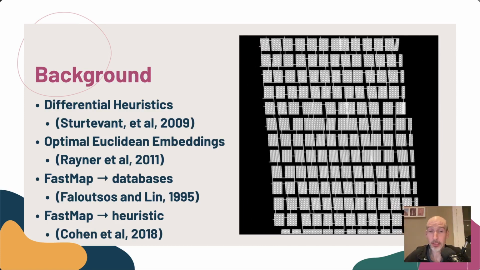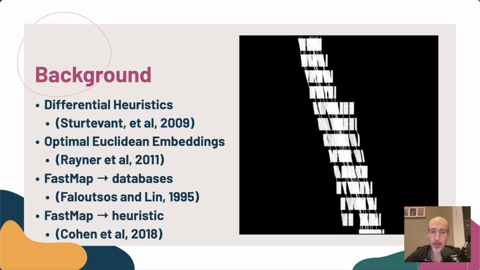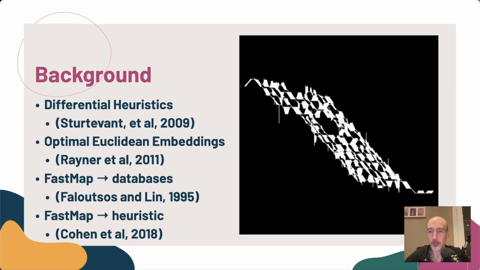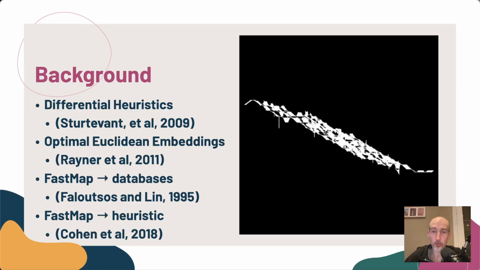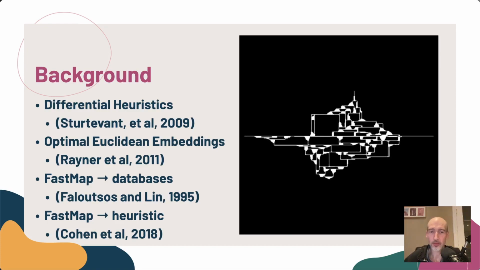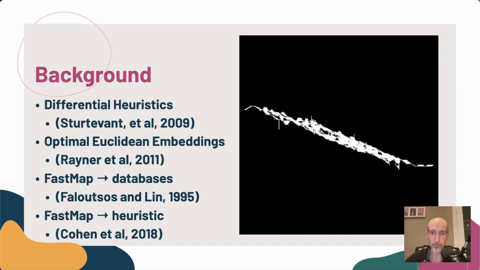Another approach that had been used in databases for building embeddings is called FastMap. And in 2018, there was an HCI paper that showed how this could be adapted to create heuristics for use in search problems. That's the approach we're going to be looking at today, this 2018 paper.